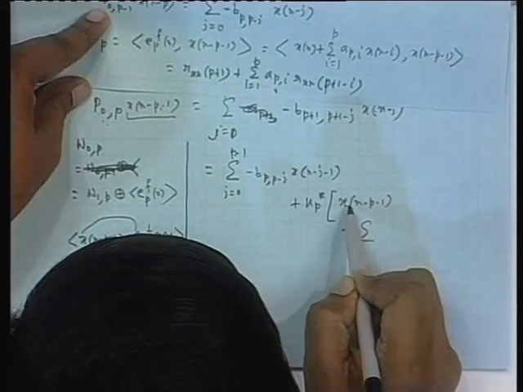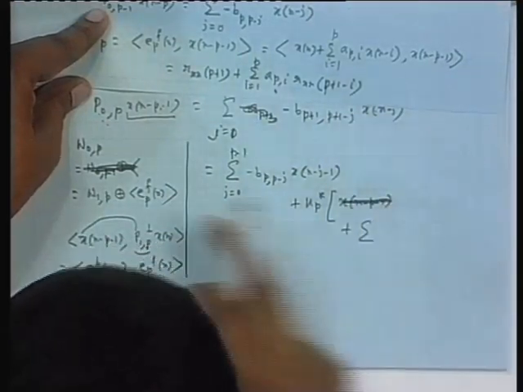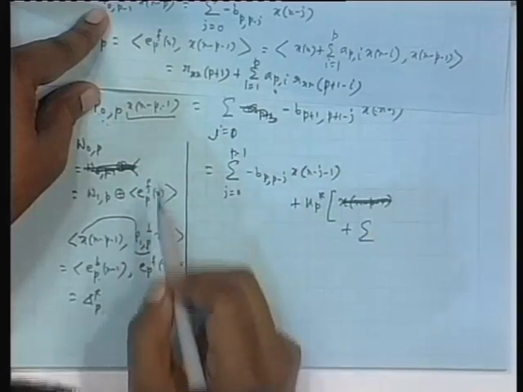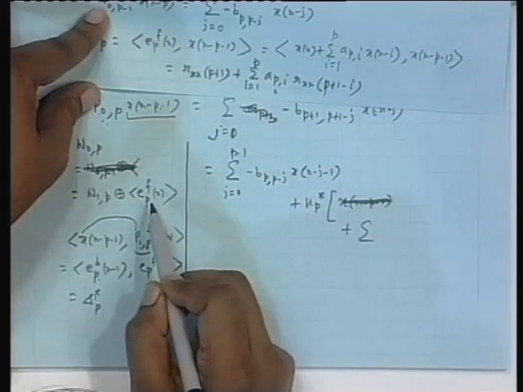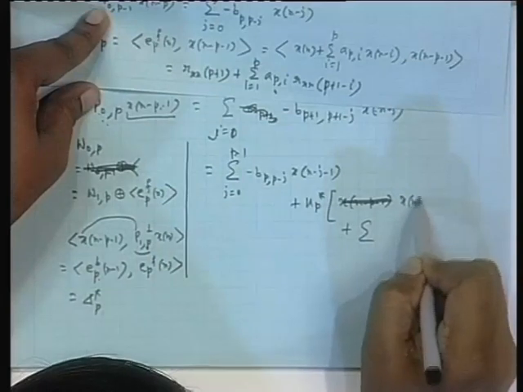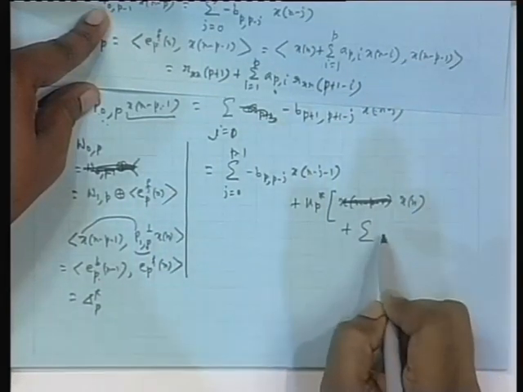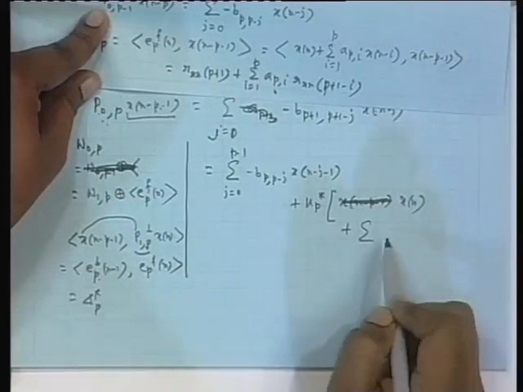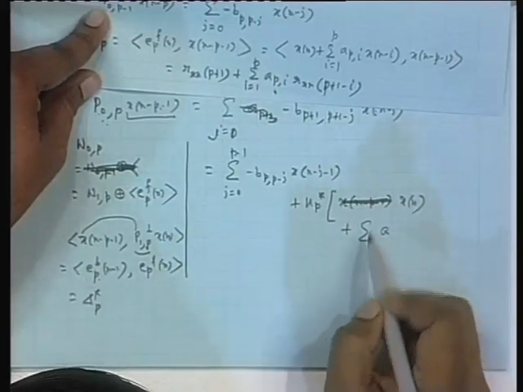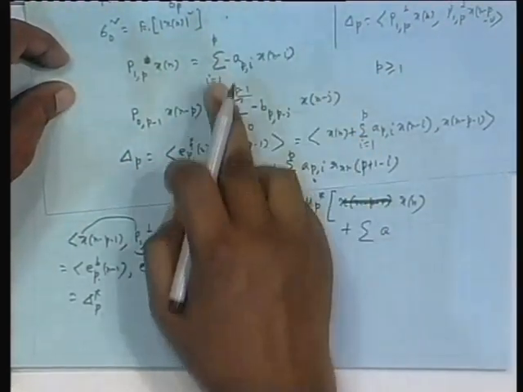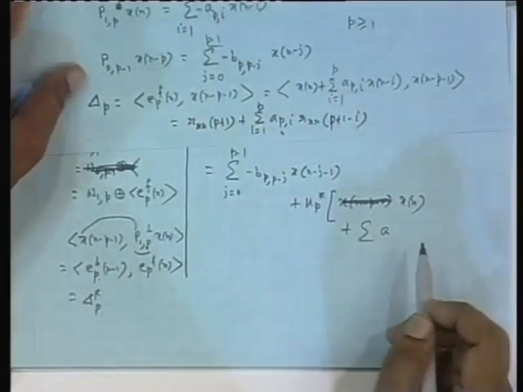Sorry, this is not EPFN, isn't it? Kp star into EPFN. EPFN means x n minus the projection, and within the projection coefficient there is a minus sign. So, minus minus plus, this thing minus goes, it becomes plus.